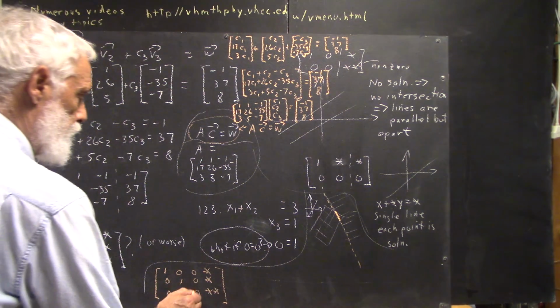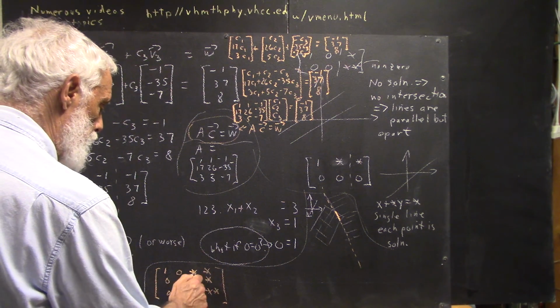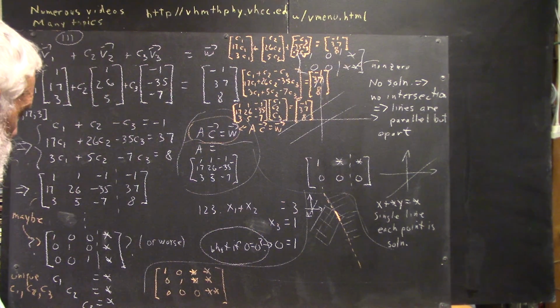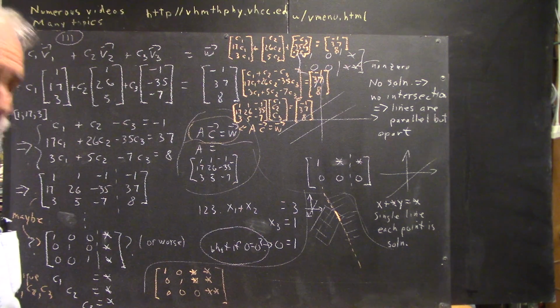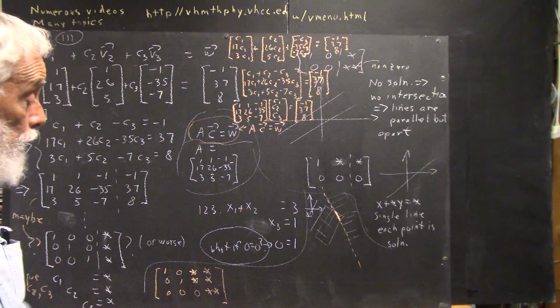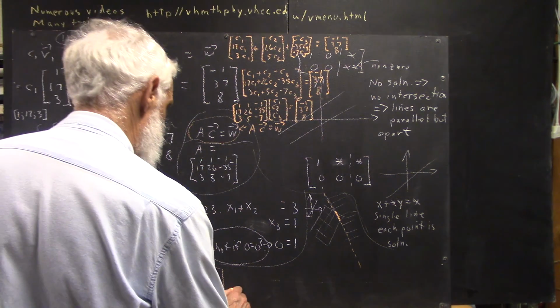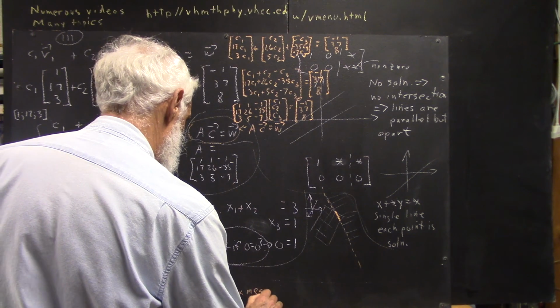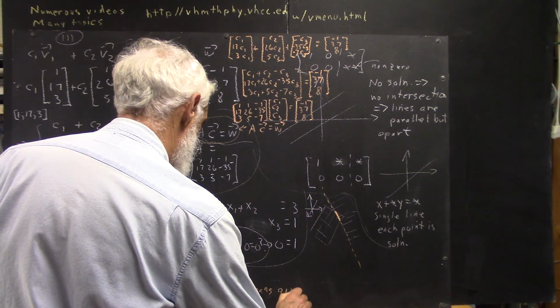And actually, if you got a 0 here, chances are you're going to have an asterisk here and here, and that doesn't change anything. Okay? So, what does this mean? Well, double asterisk means non-zero. So that means it ain't 0.